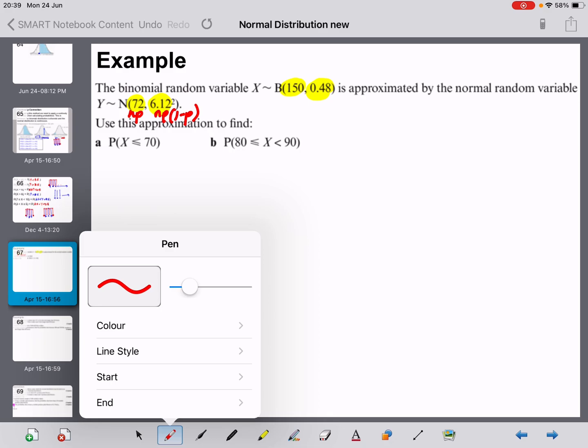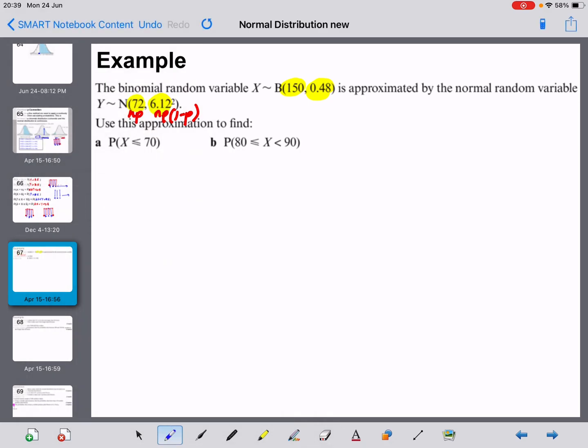Now that x equals 70, that x is relating to the binomial. What we need is a probability to work out where we've got a y value. So we need to do our continuity correction. I'm just going to call that CC. So this is where the fat sticks comes in. So instead of x less than or equal to 70, we want the probability of y is less than.